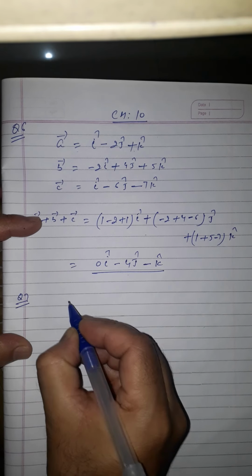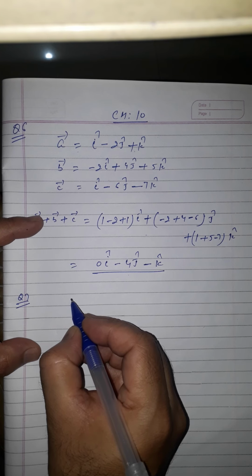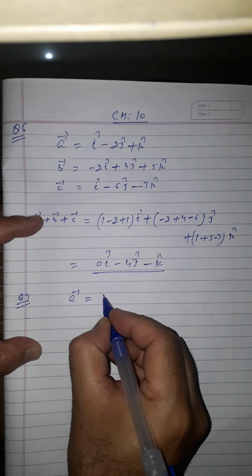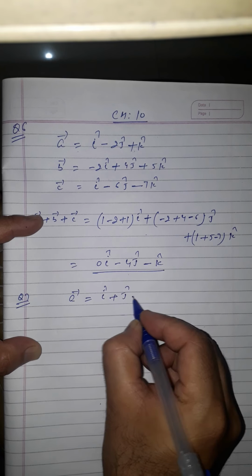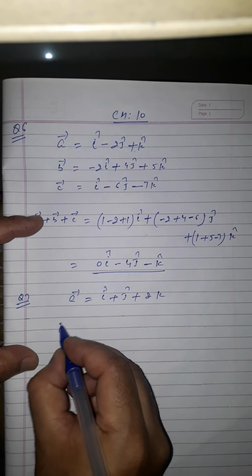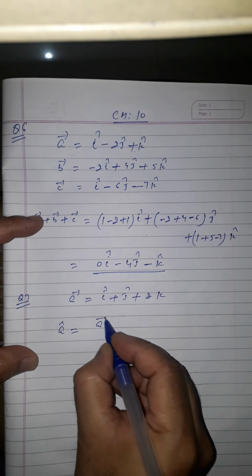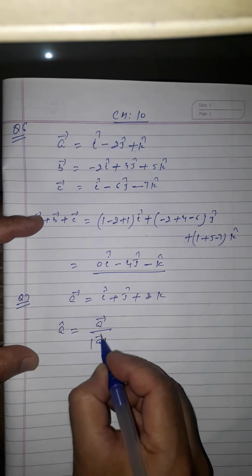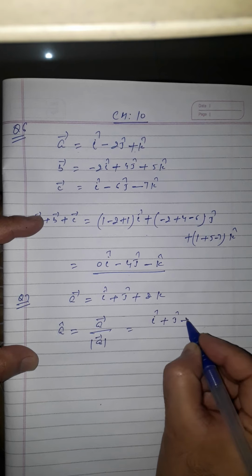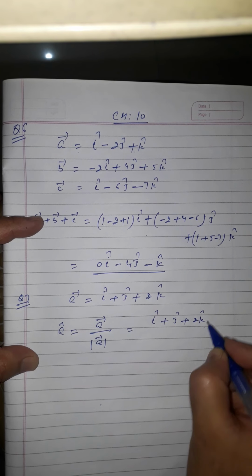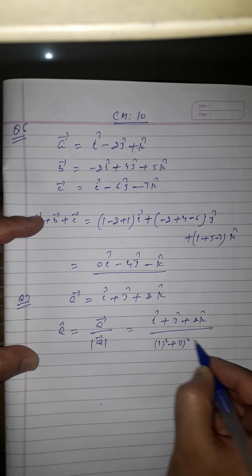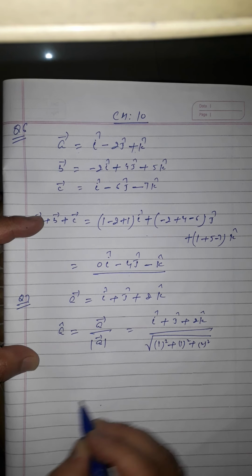Let us come to question number 7 students. Find a unit vector in the direction of vector A that is given as i cap plus j cap plus 2k cap. Now students, we have to find the unit vector, and the formula to find the unit vector is vector A upon magnitude of vector A. Means here vector A is i cap plus j cap plus 2k cap, upon the magnitude of A, means 1 square plus 1 square plus 2 square, having square root.